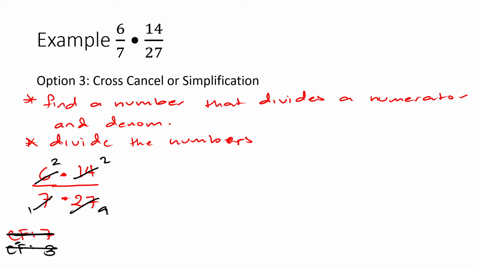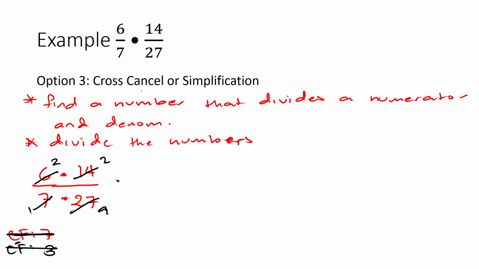Now you might be asking yourself, why can't we cross out 2 and 2? Well, that's because they're both on the numerator, okay? It has to be one on the numerator and one on the denominator. One has to be on the top, one has to be on the bottom. So in this case, we can't do anything else. And that's okay.